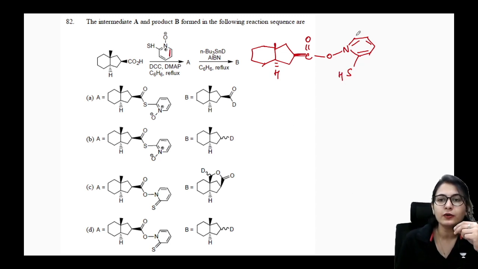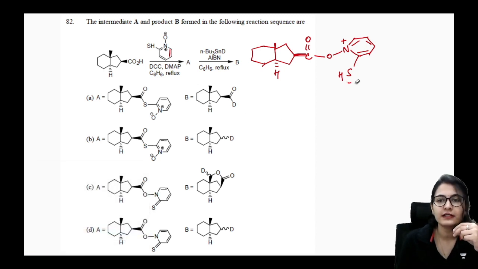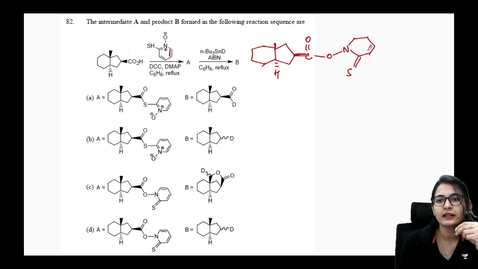Let's say there is a negative charge on the sulfur and there is a positive charge on the nitrogen. Though what happens is, let's say we write it like this only, or like this. Double bond S, then there is one bond over here and here in this way.